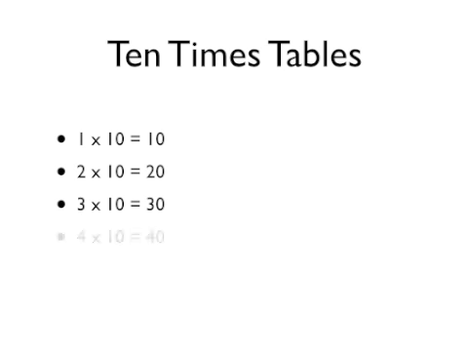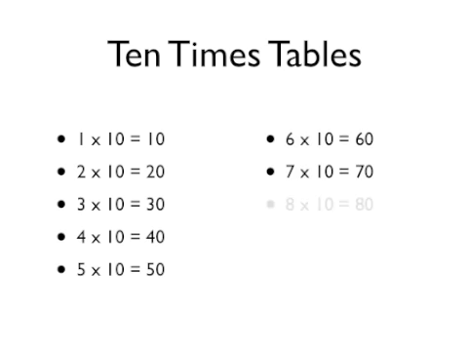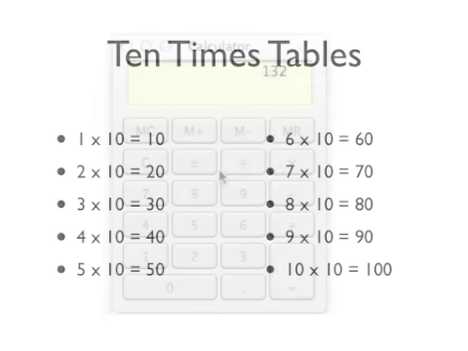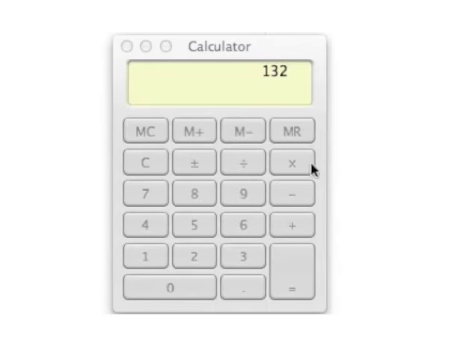Now probably one of the first times tables that you learnt were your 10 times tables, and it's one of the easiest because you simply add a 0 onto the end. 4 times 10 is 40, 5 times 10 is 50. It's a really, really easy one to learn. And you can see it when you get your calculator.